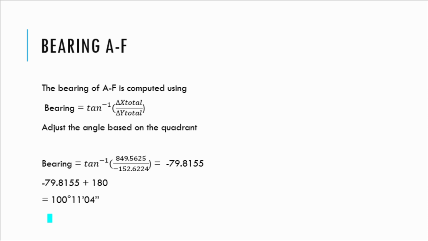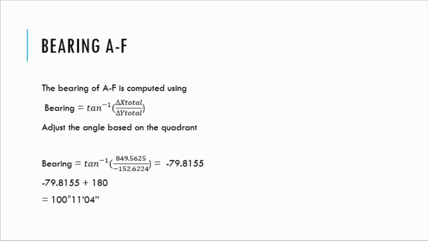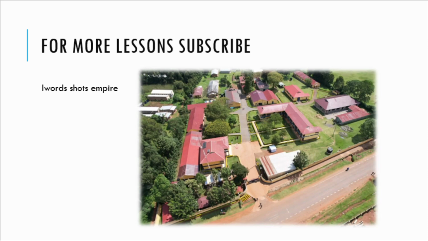By adding 180, I'll have gotten a positive bearing of 100 degrees 11 minutes and 44 seconds. So that is the bearing that we are getting from our solution here. So this is the distance, and here we have the bearing of our question. So that was just a little bit simple, something to be done without much ado.